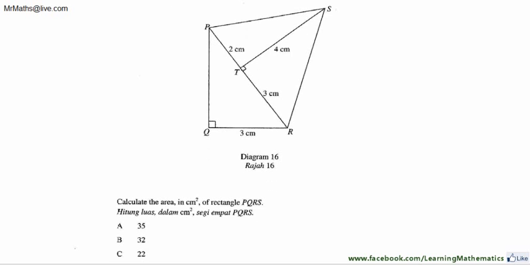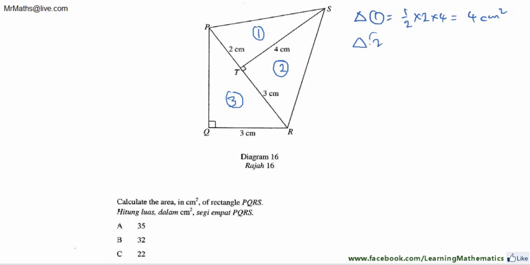Alright, so what do we know? We know the height of this triangle. This is a right angle triangle. Let me label them as 1, 2, and 3. What is the area of triangle 1? Triangle 1 is half times 2 times 4, which is 4.